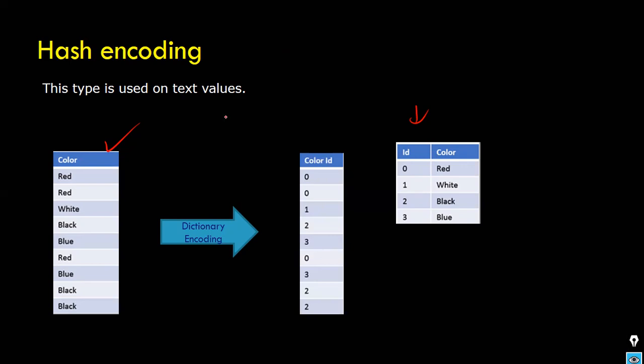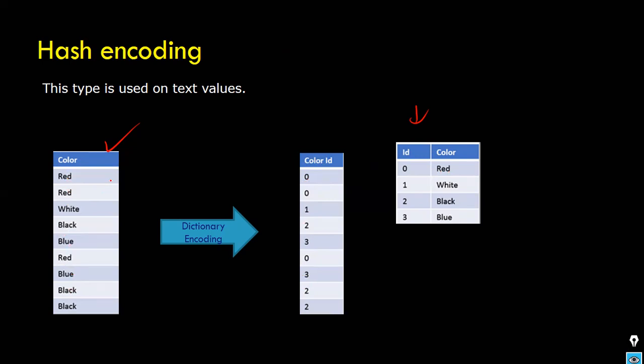It replaces the column's values with integer numbers, where each number is the dictionary index of the original value. If it refers to this one, 0 is nothing but red, so it can understand. By creating a dictionary, it uses the ID or index value, and it replaces the index value for your original column's values.